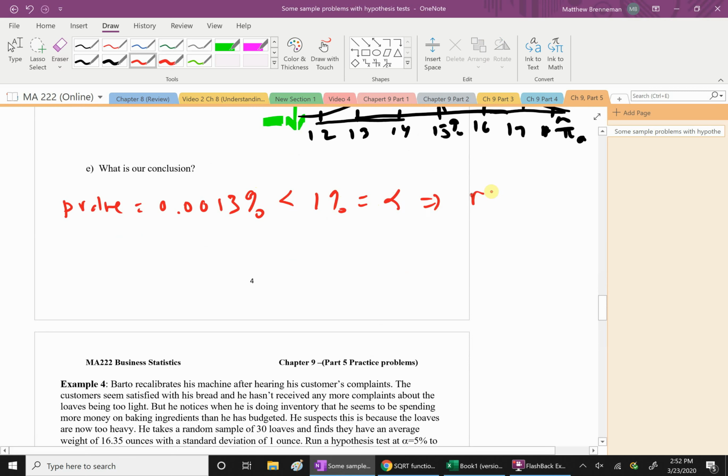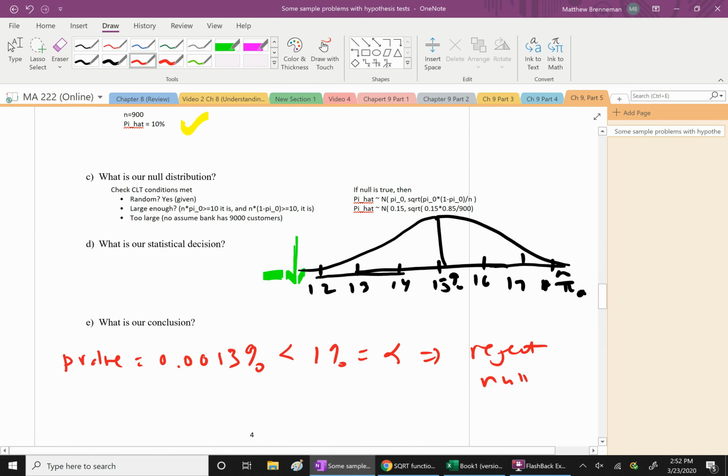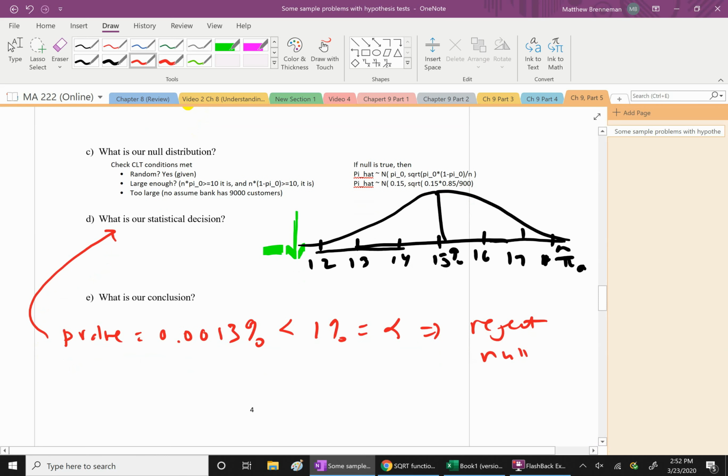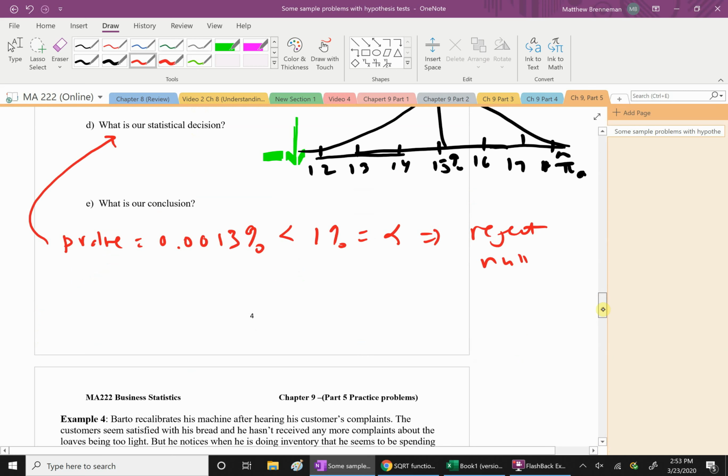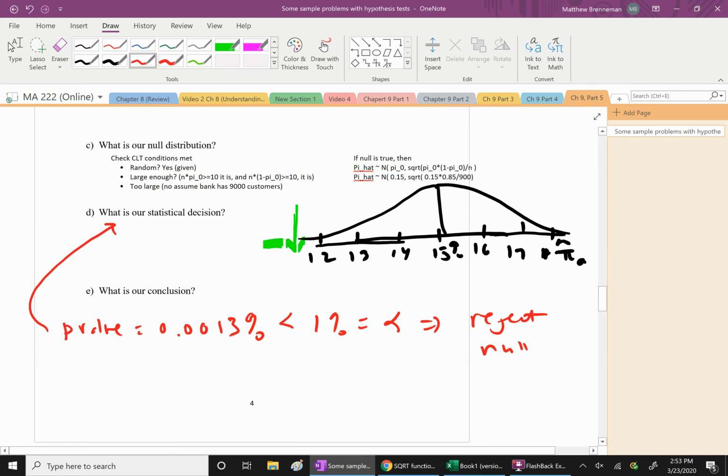So this means that we're going to reject the null. The p-value is too low. And actually, this belongs up here. This is our statistical decision, which is different than our conclusion. Our conclusion is where we essentially answer the question and state our results in normal everyday language.